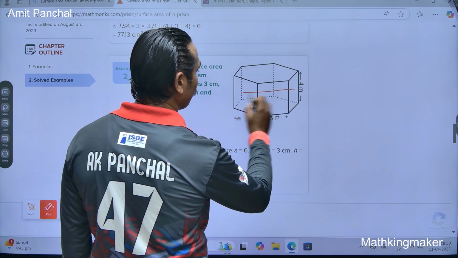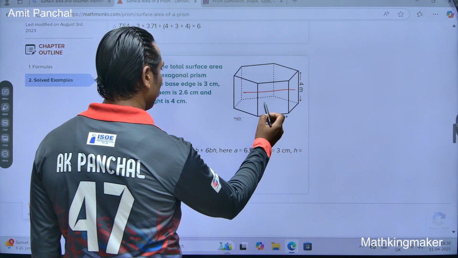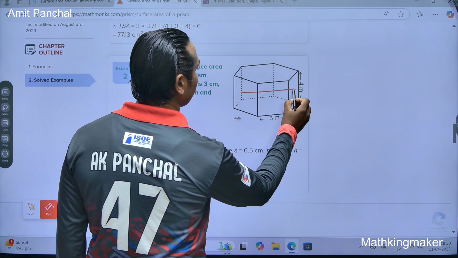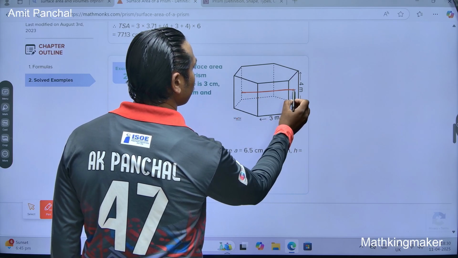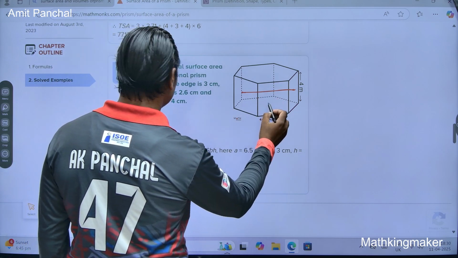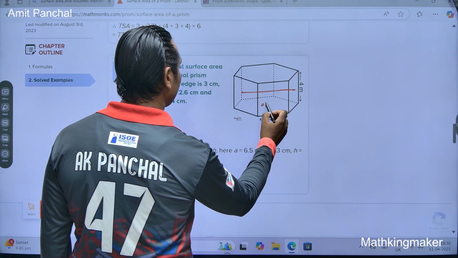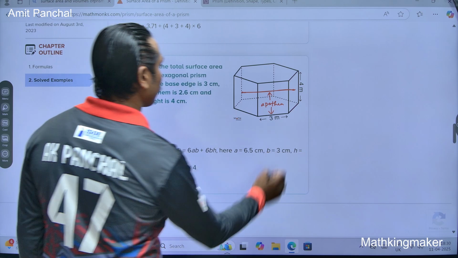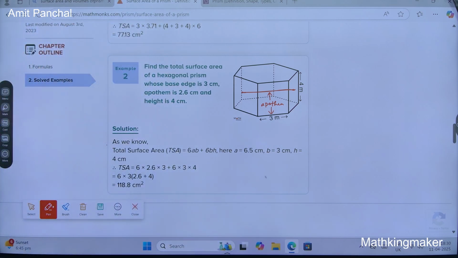So this is said to be the apothem. So here in this scenario, this is a straight line joining the midpoints of the base, and this one will be the apothem. But how do you find the surface area over here?